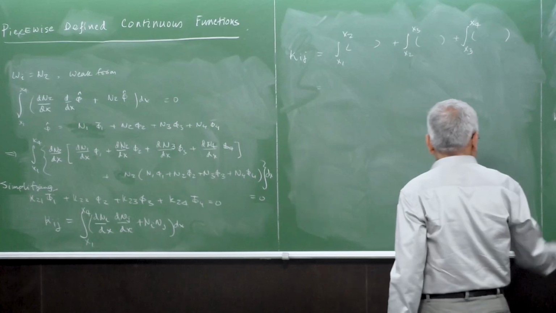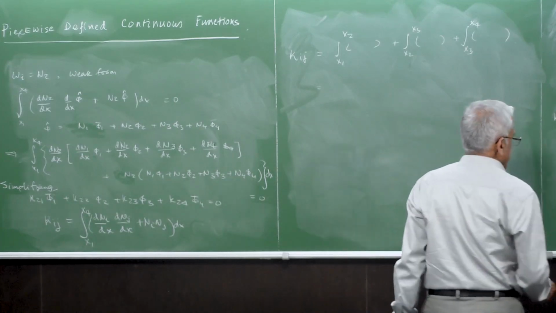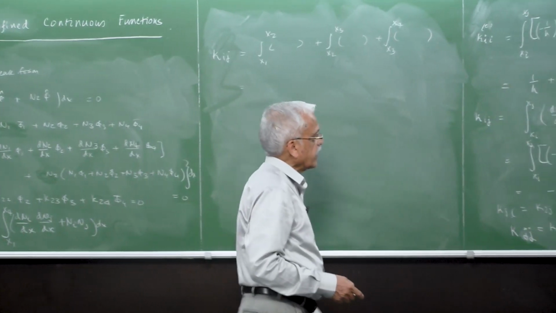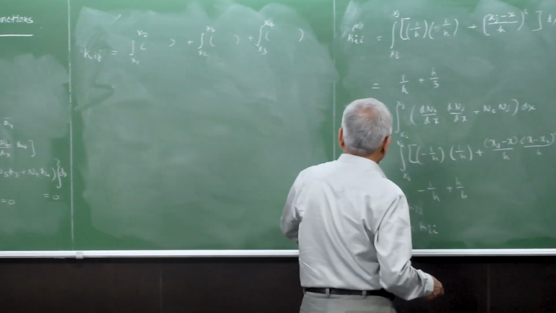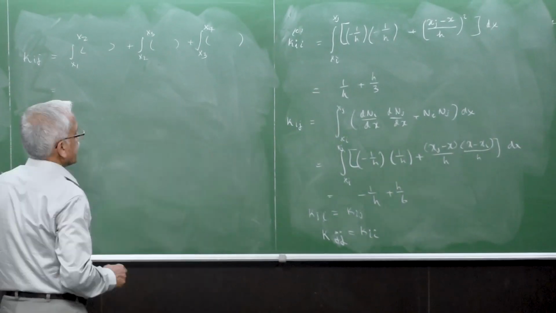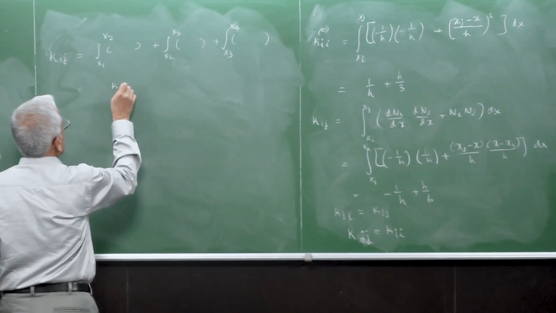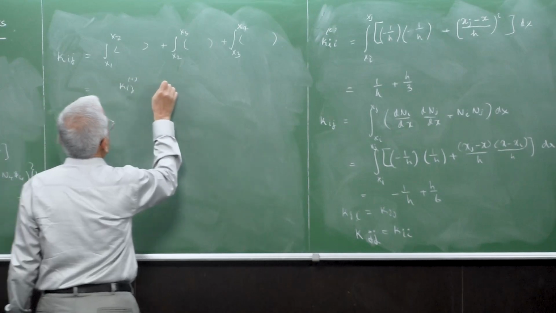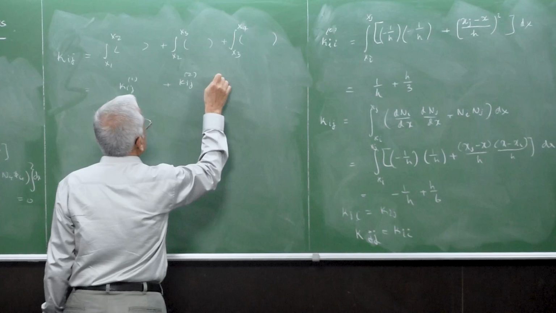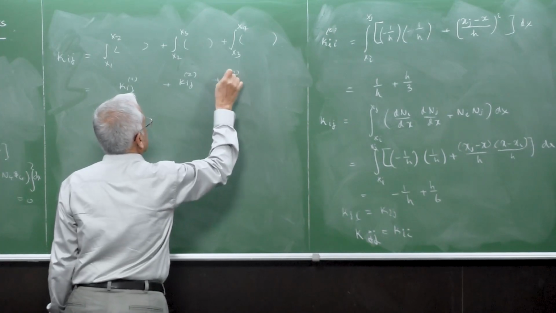Okay. So what we have done here is that Kij has been done for a very generalized element, and this Kij we found in the morning. We put it here. So you can even say that this is Kij for element 1, this is Kij for element 2, element 3.